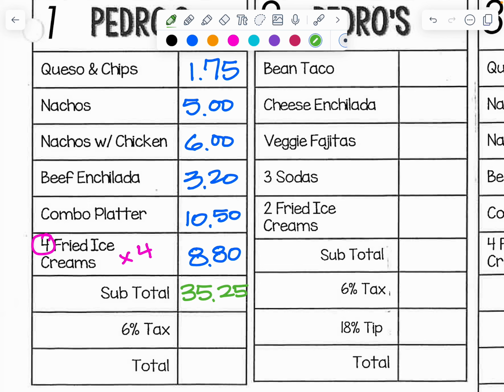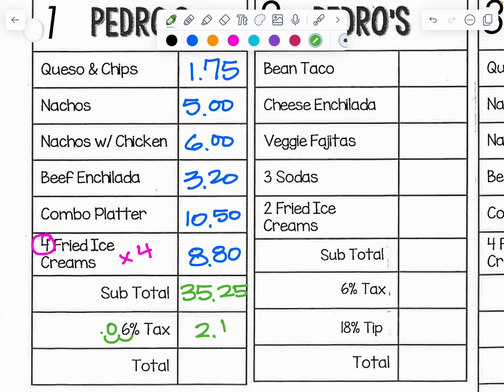Now this is written as a percent. I can't put that in on a calculator. We're going to change that by moving it bloop, bloop, 2 times. Look at that. We're now going to multiply $35.25 by 0.06. If you do that, you might need to round because money goes out to the hundredth spot.